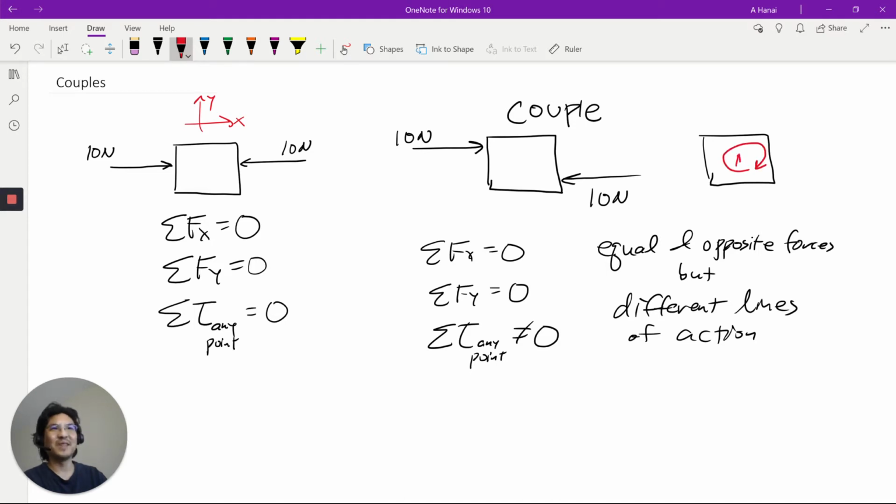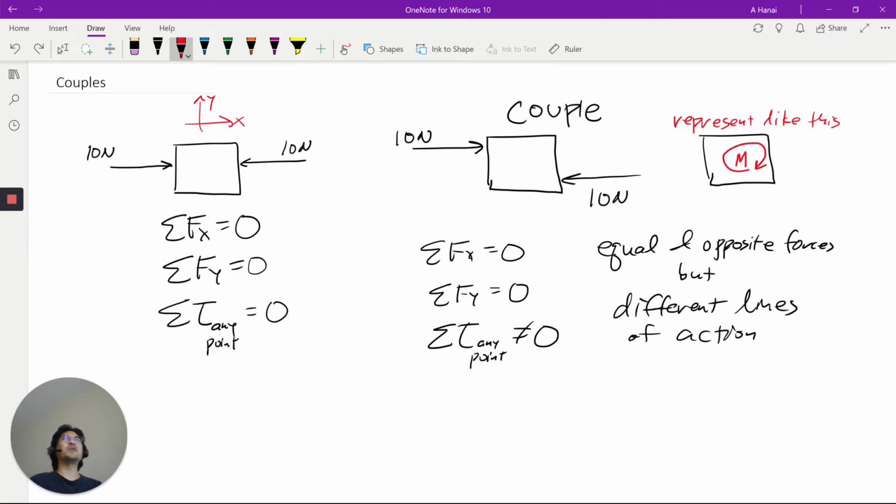And I'll put a little m for moment by a couple, which causes torque. So whenever you see something like this, that means there's a couple acting at this point.